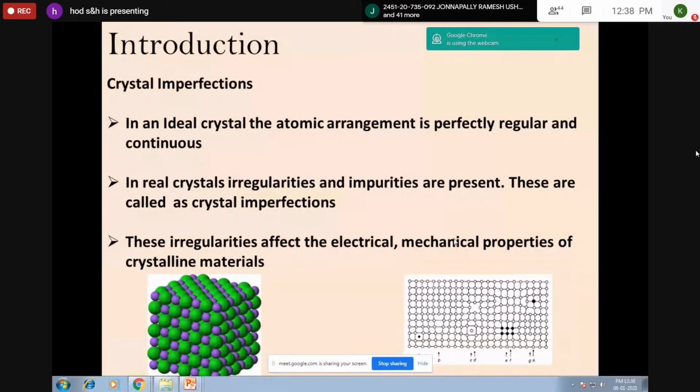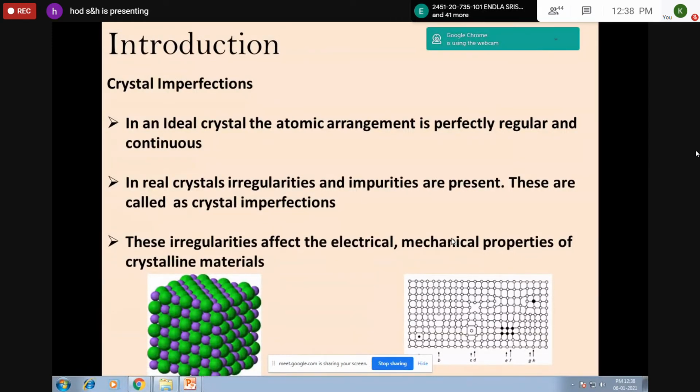So in most crystals, what we assume is the space in the 3D lattice which has an identical environment. Each and every atom of the crystal or molecule can be fixed so that there is a regular arrangement of molecules or atoms, and it is continuous. If you take along the x-axis, y-axis, z-axis, this pattern is continuous, and this is possible only in an ideal crystal.